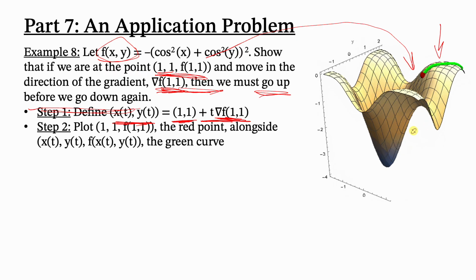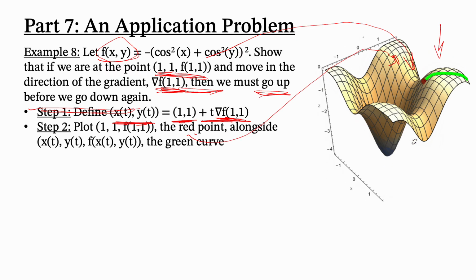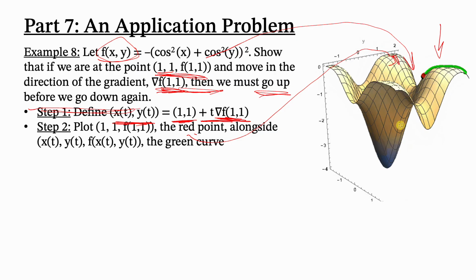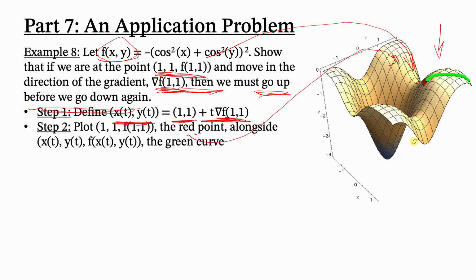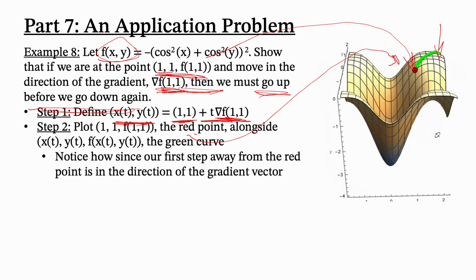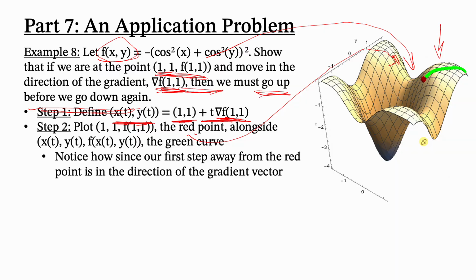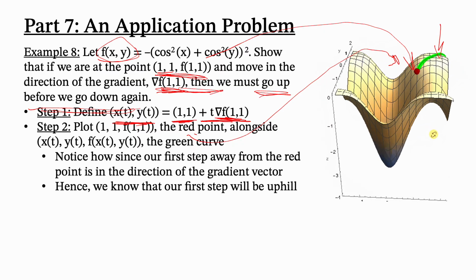And then in my 3D plot, you can see I plotted this red point. That's where I'm actually standing on my actual surface. So that's the 3D representation of where I'm standing on my mountain. And then we know that we're going to take our first step in the direction of the gradient vector. And so we know our first step is going to be uphill, right?